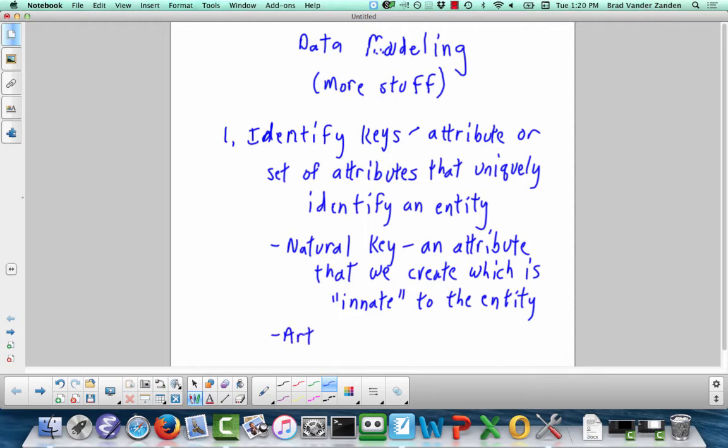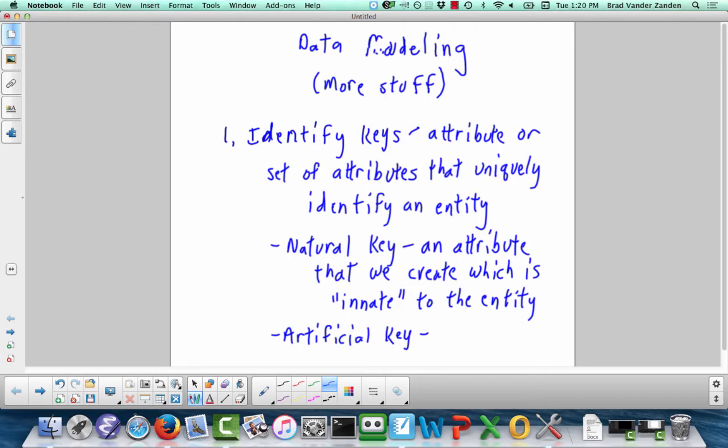Because it's often difficult to ensure that a natural key is unique, or because they may be verbose, or because in order to get uniqueness you may need a large set of attributes, we often create artificial keys that uniquely identify an entity.